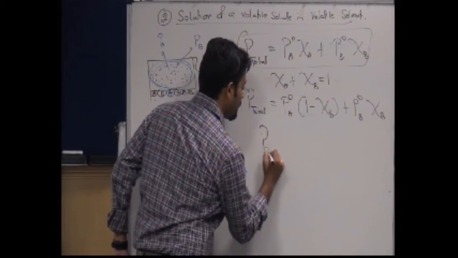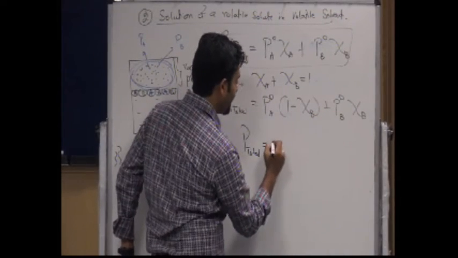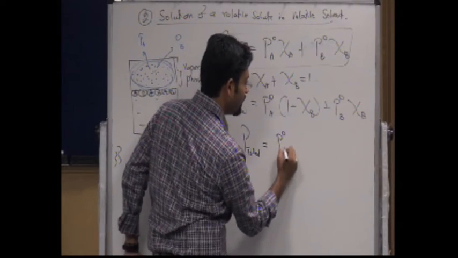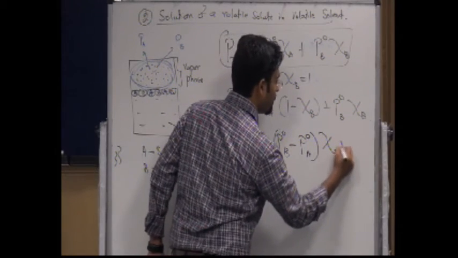So this xB can be taken common: P naught B minus P naught A into xB plus P naught A.